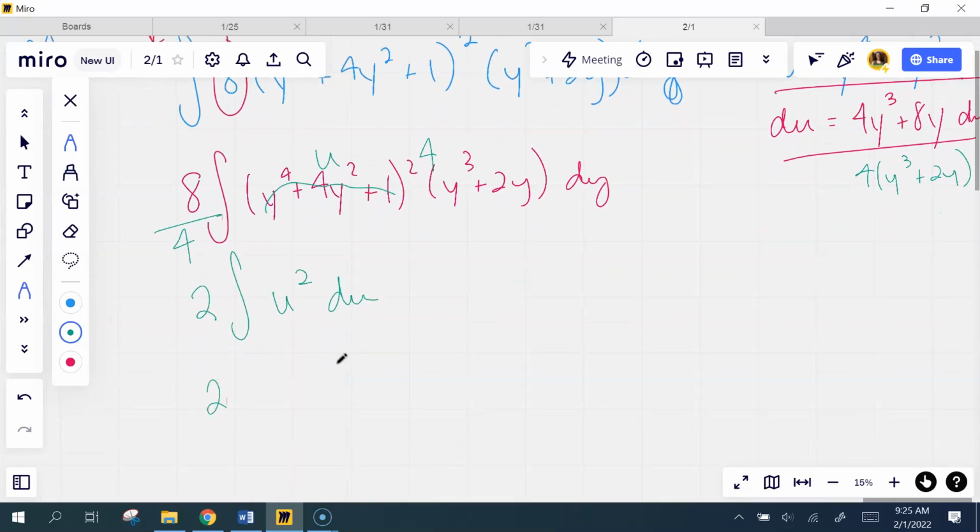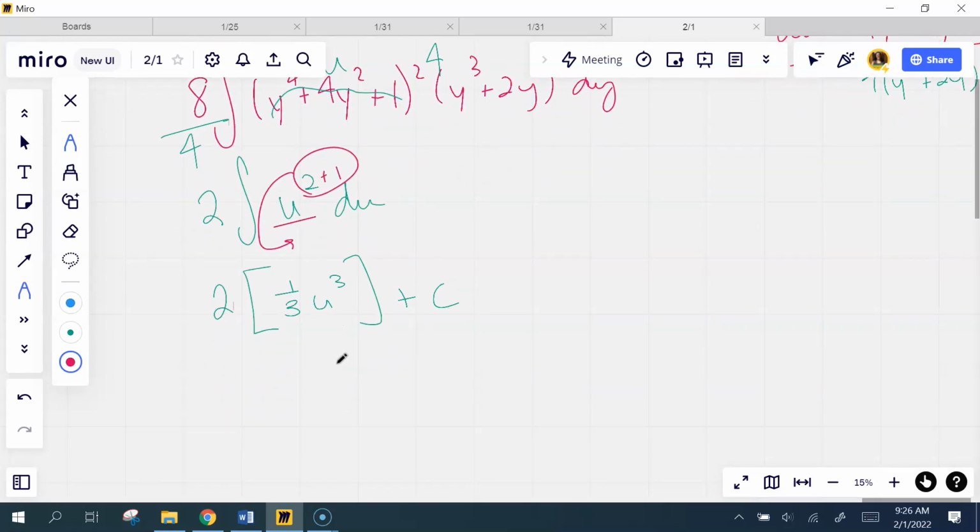So now it's 2 times, what is the antiderivative of u squared? And now all you have to do is plug back in. Anytime you have this, you add 1 and then divide by the new exponent. Antiderivative, right. So now I have 2/3. Go back to that original u, which was y to the 4th plus 4y squared plus 1, cubed, plus c.